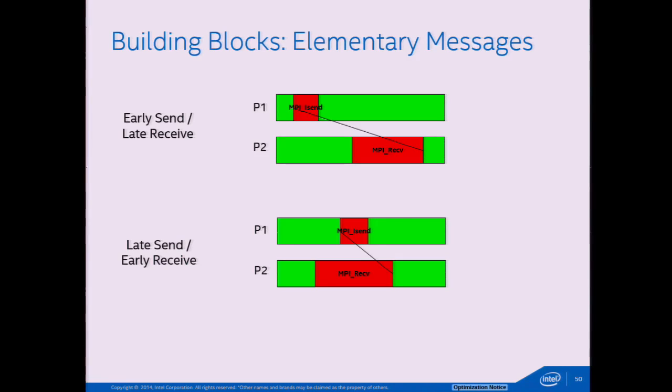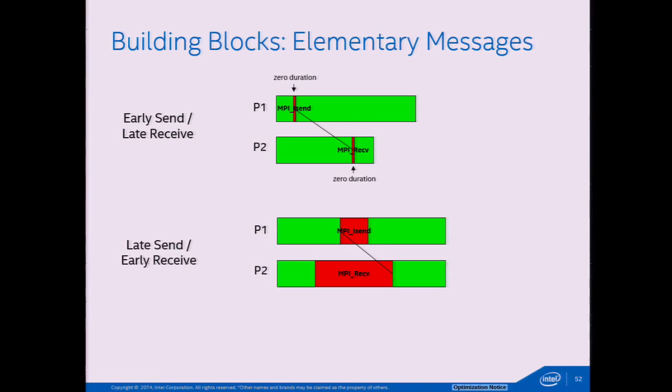In the ideal case, my non-blocking send is going to return right away, because zero latency, infinite bandwidth. It's not going to take any time to do the buffer copy from one MPI rank to another. Because the send message has already been posted, my MPI receive is going to return right away as well.